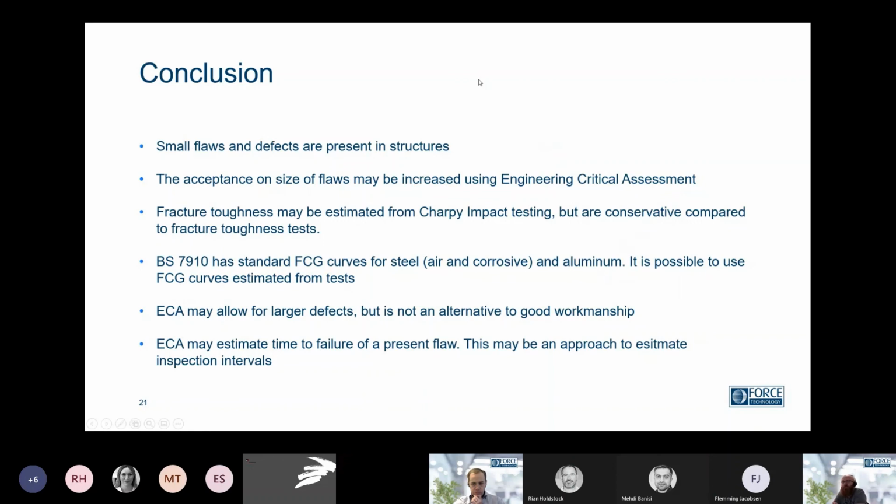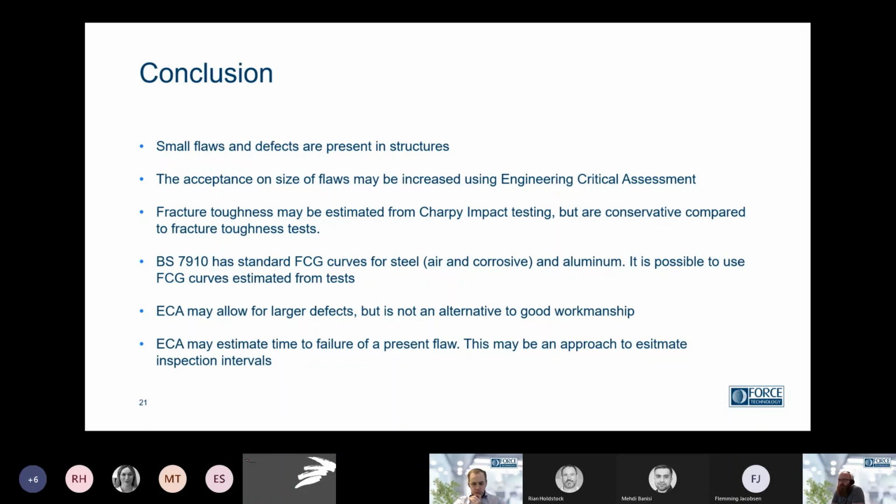So in conclusion, you can say that small flaws and defects are always present in the structures. The acceptance and the size of flaws may be increased by using engineering critical assessment. The fracture toughness may be estimated from Charpy impact testing, but is conservative compared to fracture toughness tests.